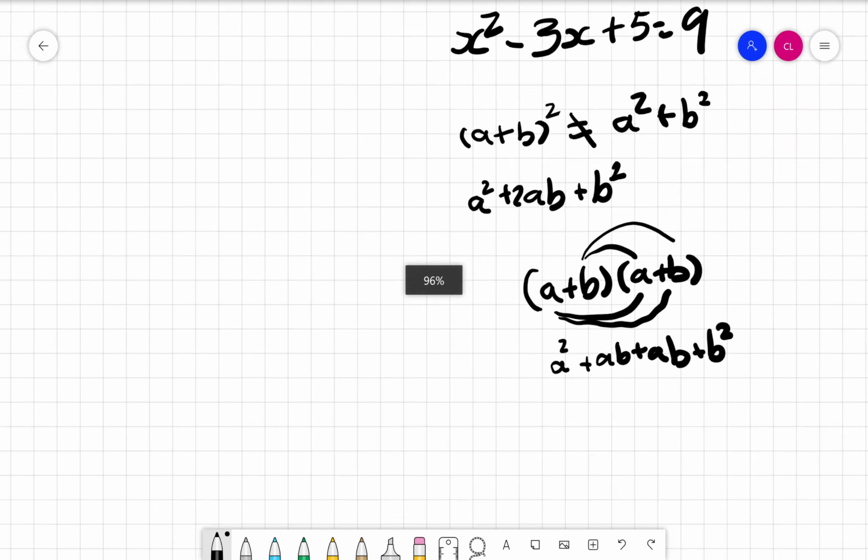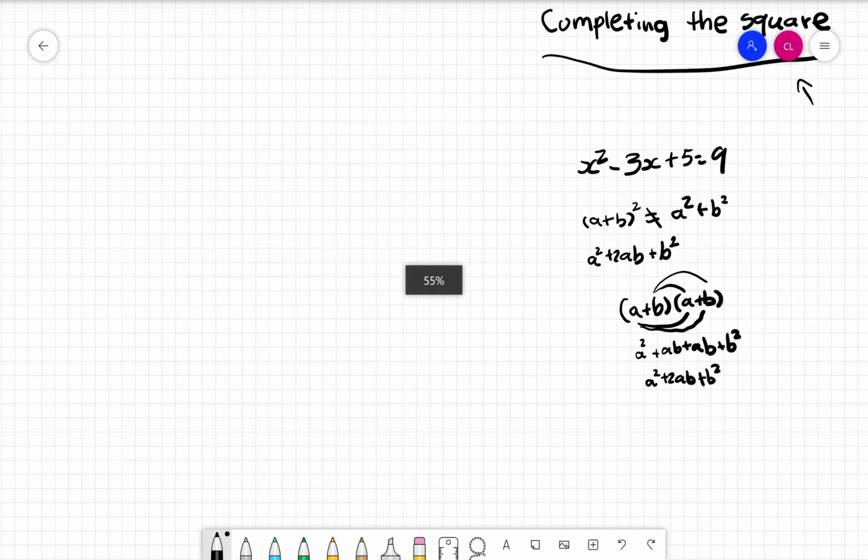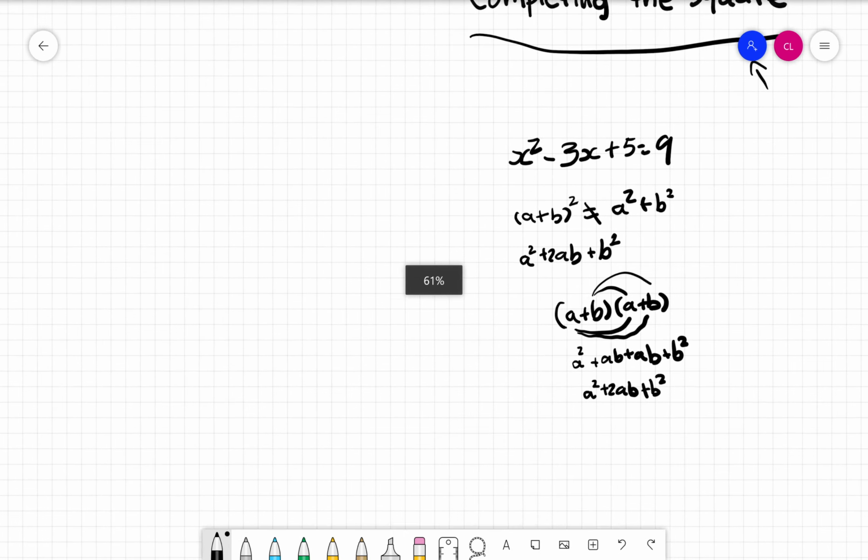And then you collect the like terms and you get a squared plus 2ab plus b squared. Now we got that out of the way.